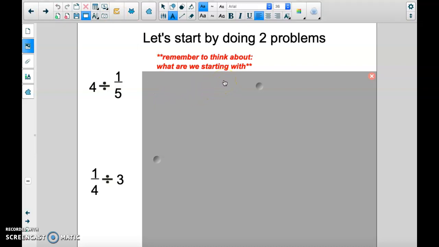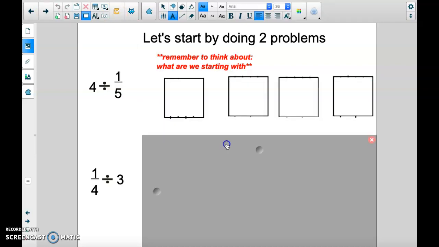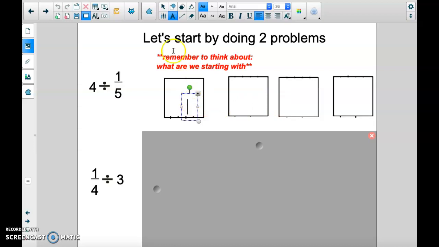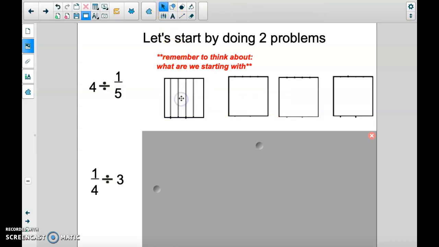So if we look at 4 divided by 1/5, what are we starting with, right? We're starting with 4 wholes. So when we divide by 1/5, we're trying to see, all right, how many groups of 1/5 are there in 4 wholes? So I'm going to take my 4 wholes and I'm going to split them into fifths.